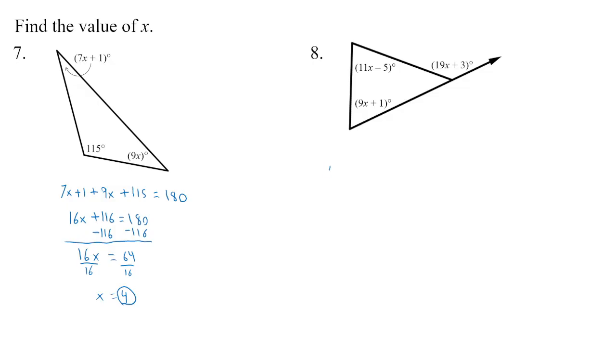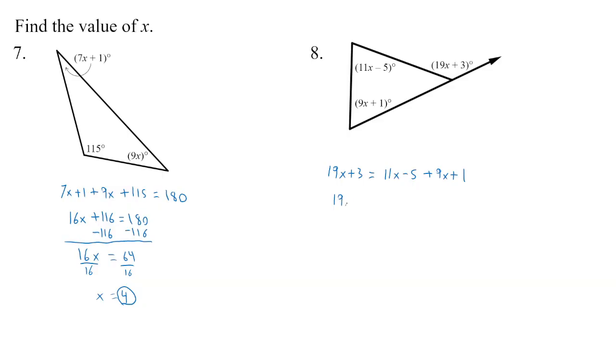So the exterior angle, which is 19x plus 3, equal the sum of its two remote interior angles, which is 11x minus 5 plus 9x plus 1.